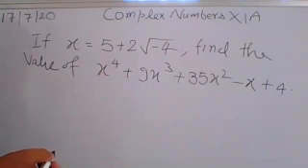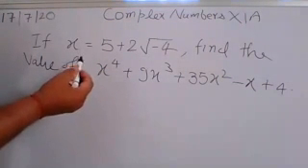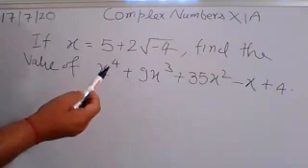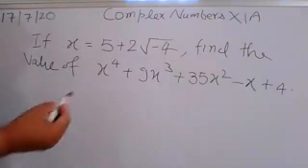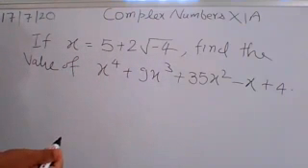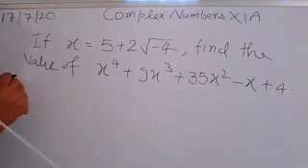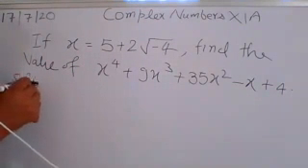Okay. How do you find that value? First of all, you try to form an equation with the help of the value of x. So you write it here in solution.